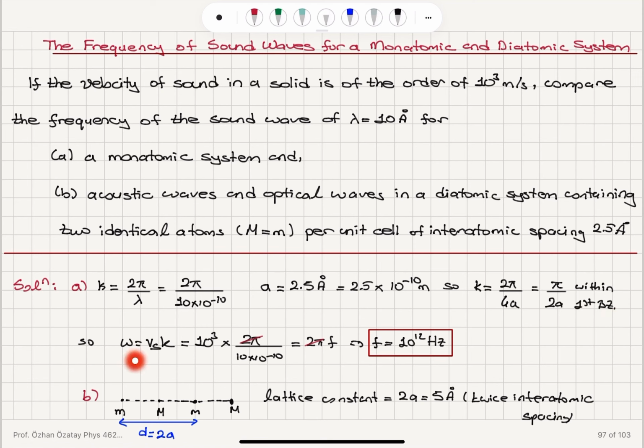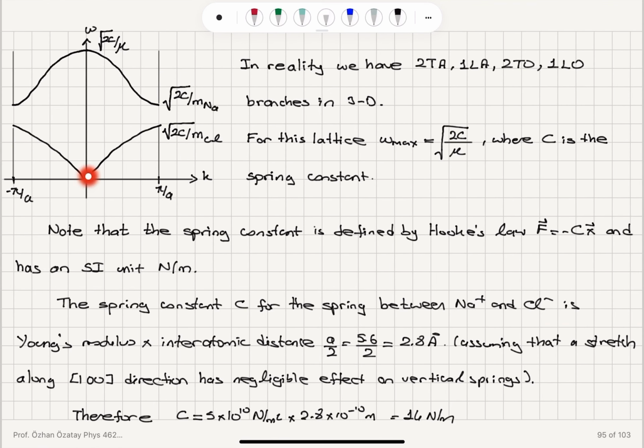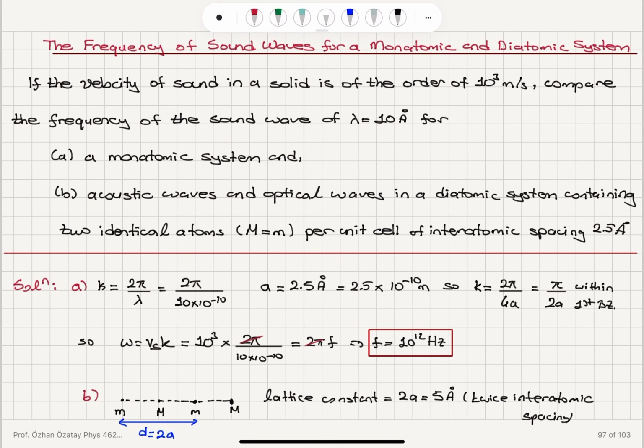So we know that in this limit where we have a low k value, which is the high wavelength limit, the angular frequency is speed of sound times k. That's for the acoustical branch. So this is basically our linear solution here. So if we multiply 10^3 with 2 pi over the wavelength lambda, we find 2 pi times the frequency is 10^12 hertz.